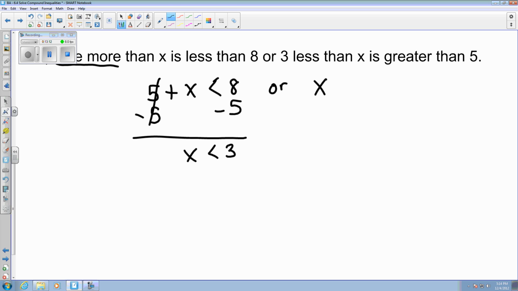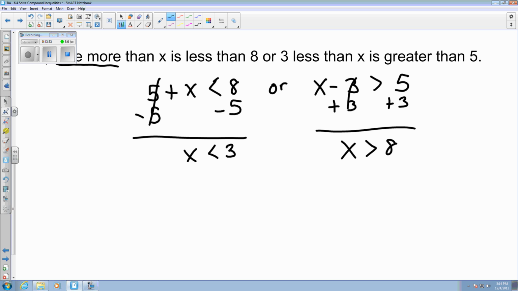It should have been x minus 3 is greater than 5. It's my bad. I messed up. And if I add 3 to both sides, x is greater than 8. Apologize for the confusion.